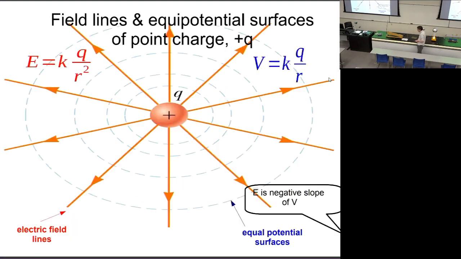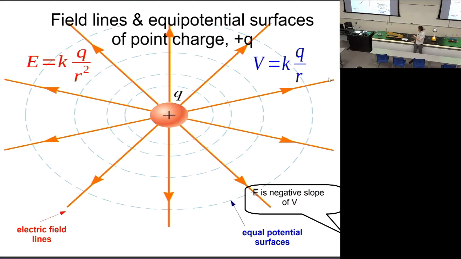Here's a way that we often picture the field, and also, this is a new thing, a way that we often picture the electrical potential. This is how we picture the field and the potential for, again, a positive point charge. A positive point charge is right over here in the center.